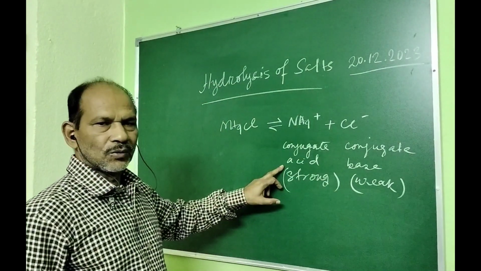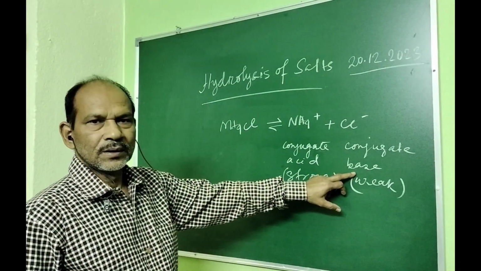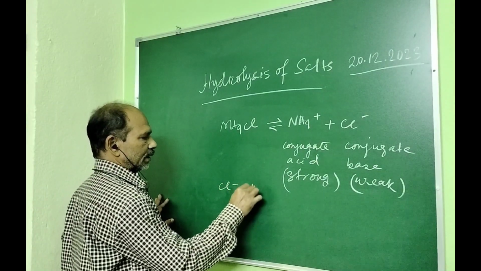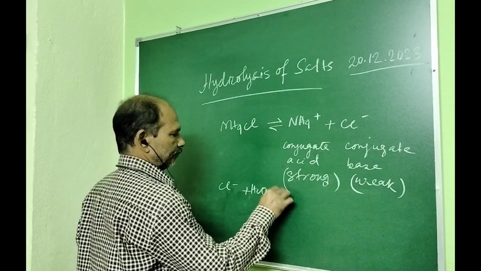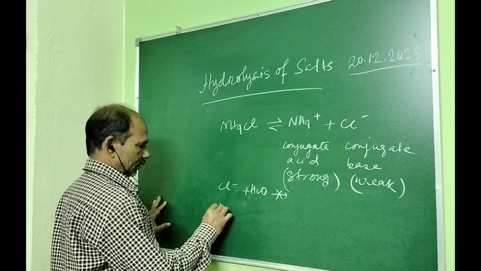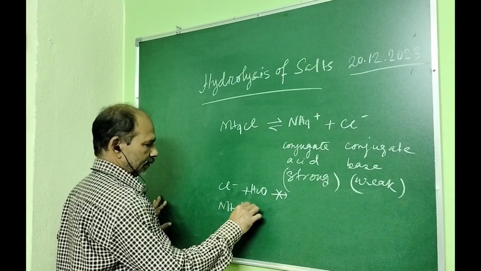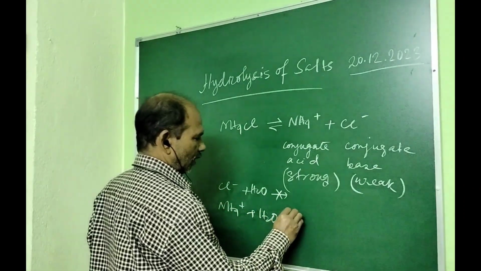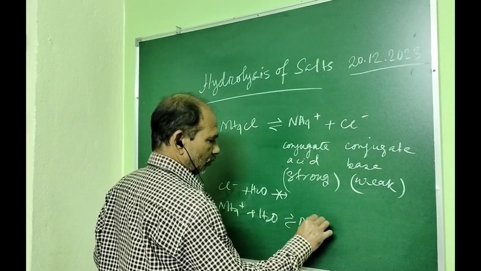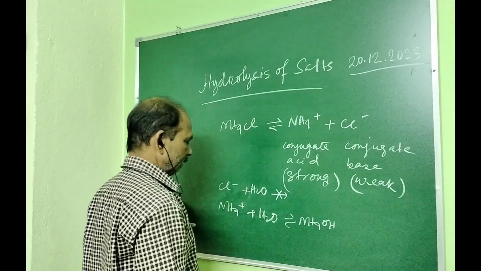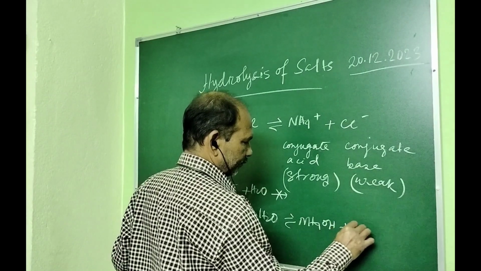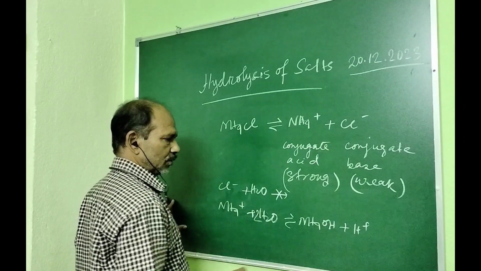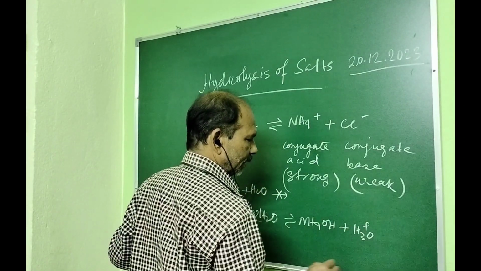So Cl minus does not react with water, but NH4 plus reacts with water to form weak base ammonium hydroxide and H plus. If you write it with 2H2O, you can write here H3O plus.